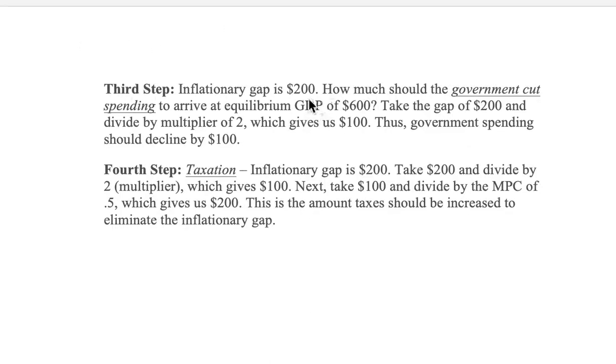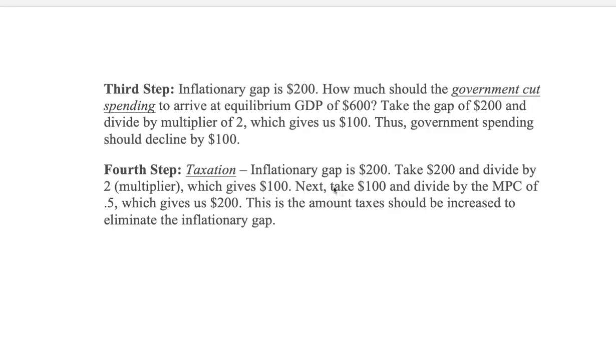This third step here was on government spending. How much should government cut spending? Now we're talking about taxation. So we start with the 200, and we're going to take the 200 and divide it by that multiplier, which gives us 100. Okay?